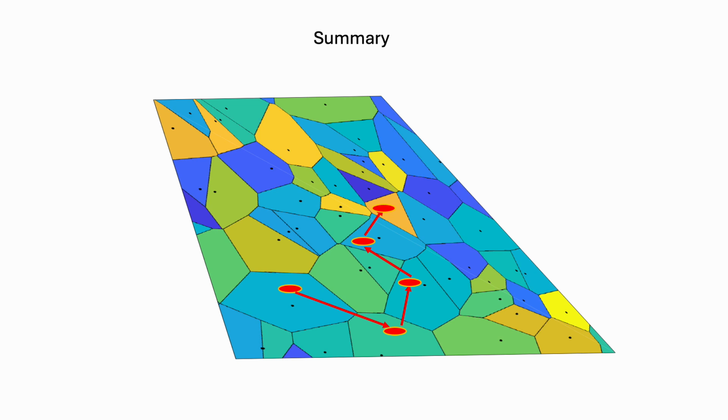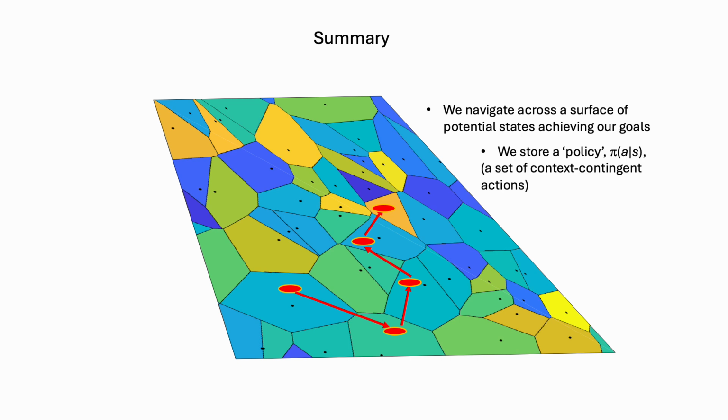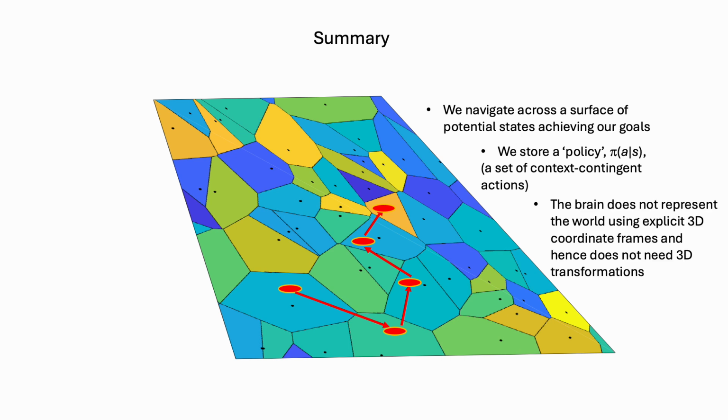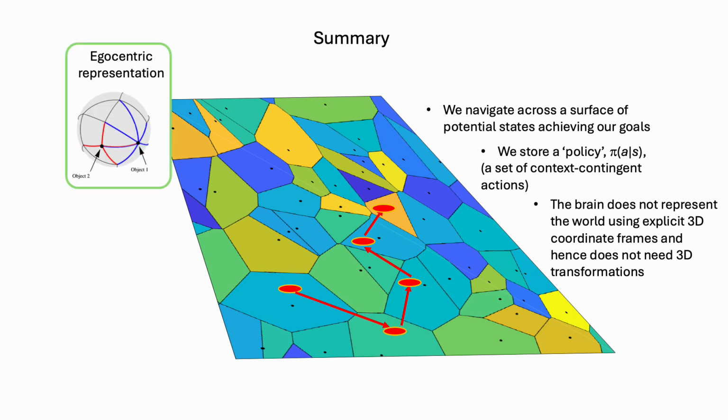So here's the summary slide that I showed you before. We navigate across a surface of potential states, achieving our goals. We store a policy, that's a set of context contingent actions, and the brain doesn't represent the world using explicit 3D coordinate frames and hence doesn't need 3D transformations.